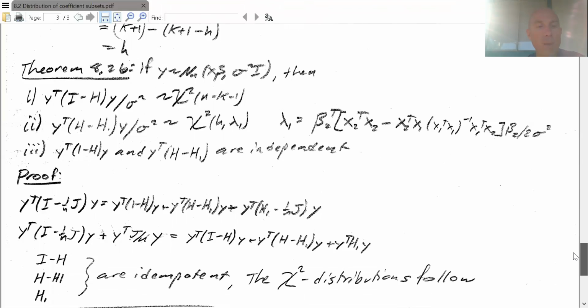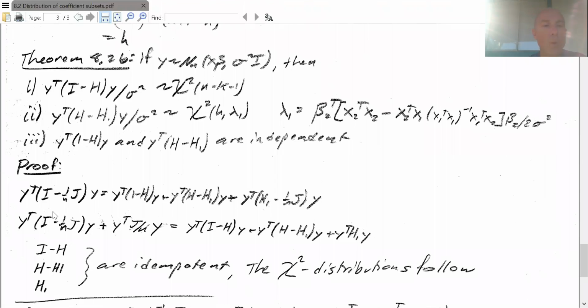Now, how do we prove this? Not that long ago, we worked out all of this business. So we know that this is equal to these individual components. What I can do is adjust some terms. How did I get this? I move over the 1 over nj portion, I move it over here.